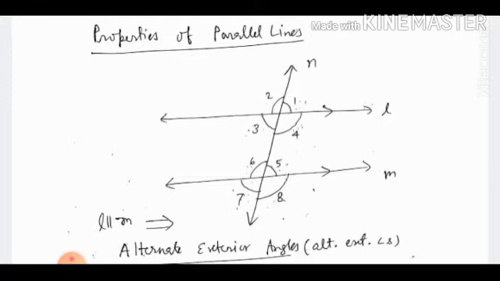Alternate means leaving one angle. Suppose we take angle 1 and its exterior, then we should leave angle 2 or angle 8, then we go to angle 7. So the alternate exterior angle for angle 1 is angle 7 and for angle 2 is angle 8.